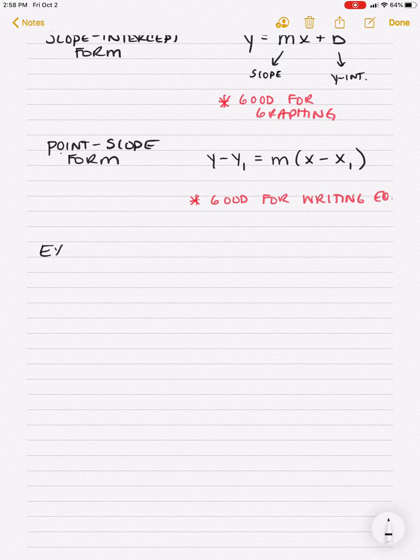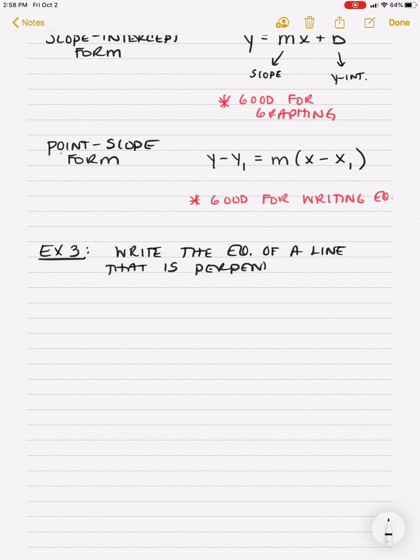All right, let's look at an example. Example 3. This one's a little wordy, so pause it if you need to. Write the equation of a line that is perpendicular to x plus 4y equals 5, such that f of 2 is equal to -3.